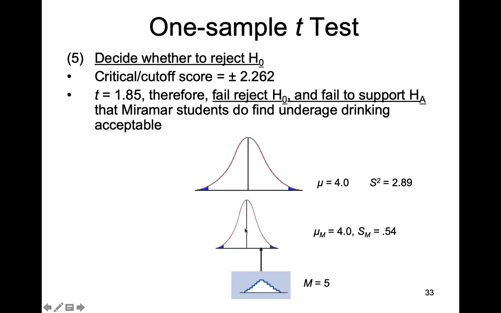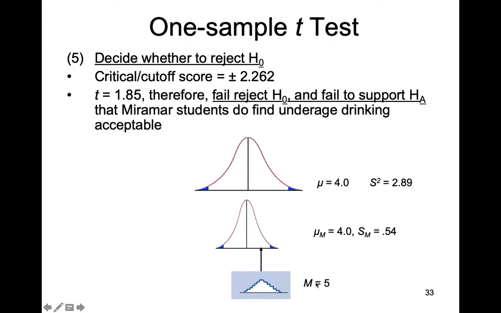Okay, notice that distribution of means would be centered around 4, which is the exact same as the population mean, and would have a standard error of 0.54. Again, that 0.54 refers to one standard deviation in this distribution of means. So a standard deviation in a distribution of means is a standard error. They are one and the same.